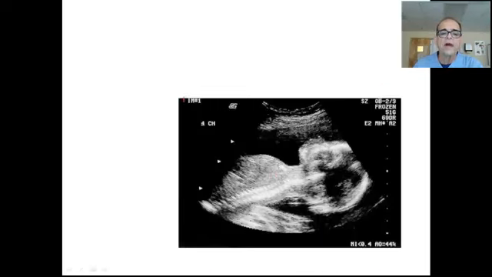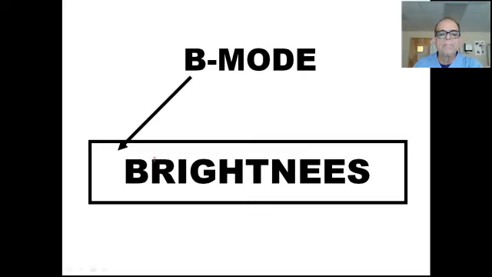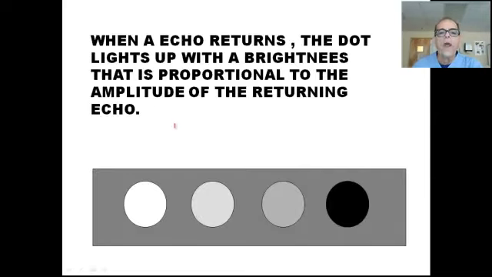First of all, the most typical picture that you remember of ultrasound is called B mode. B mode because the B means brightness mode. The machine assigns each echo a different brightness depending on the echogenicity of the structure that produces the echo. When an echo returns, the dot lights up with a brightness that is proportional to the amplitude of the returning echo.